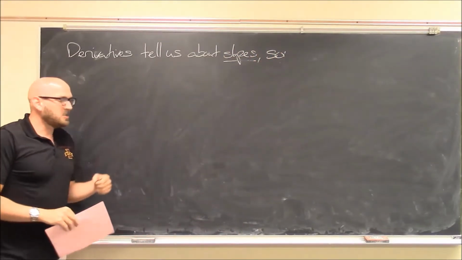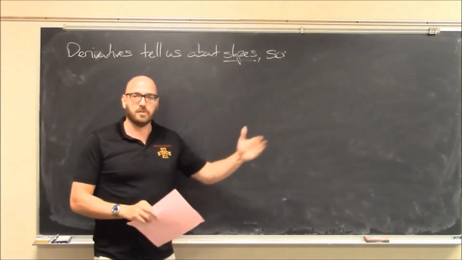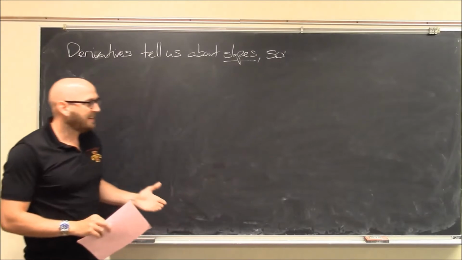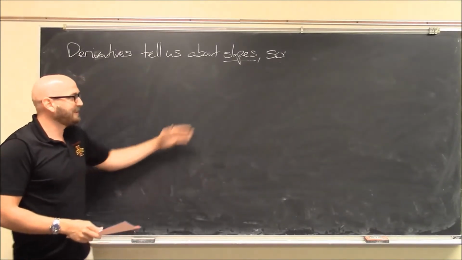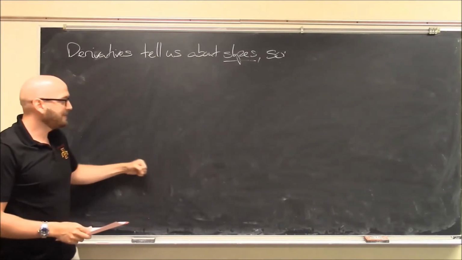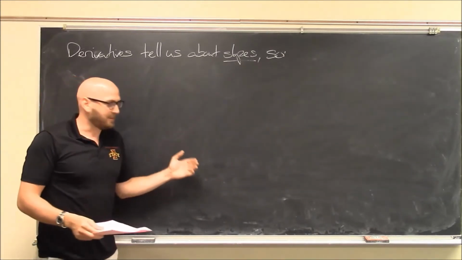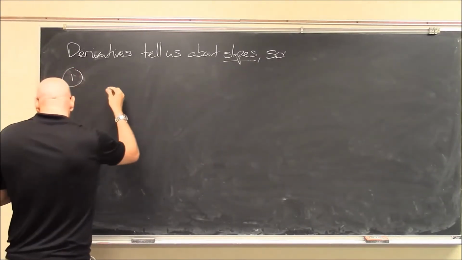If a function has a positive derivative, that should mean it's got a positive slope. It's sloping upwards. The rate of change is positive. I'm giving it away right now, but if you have a positive slope, then you must be an increasing function. If your values are increasing because you have a positive slope, then that's what it means to be an increasing function. So here are the observations.